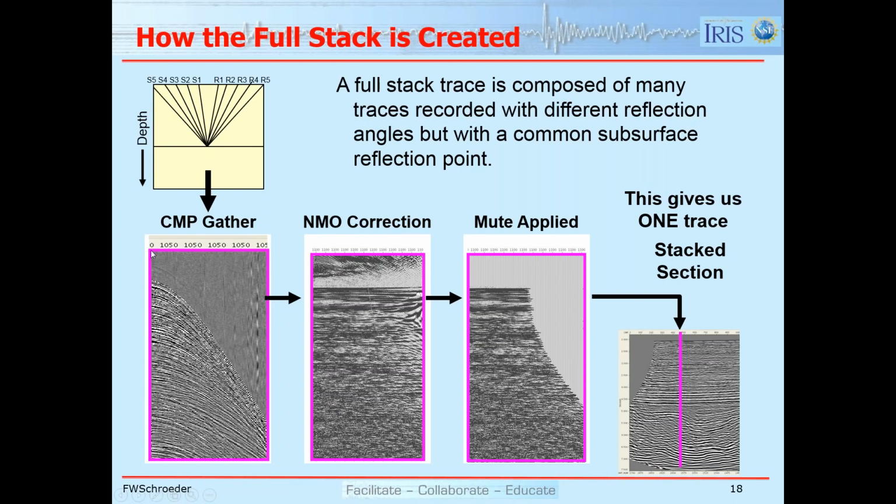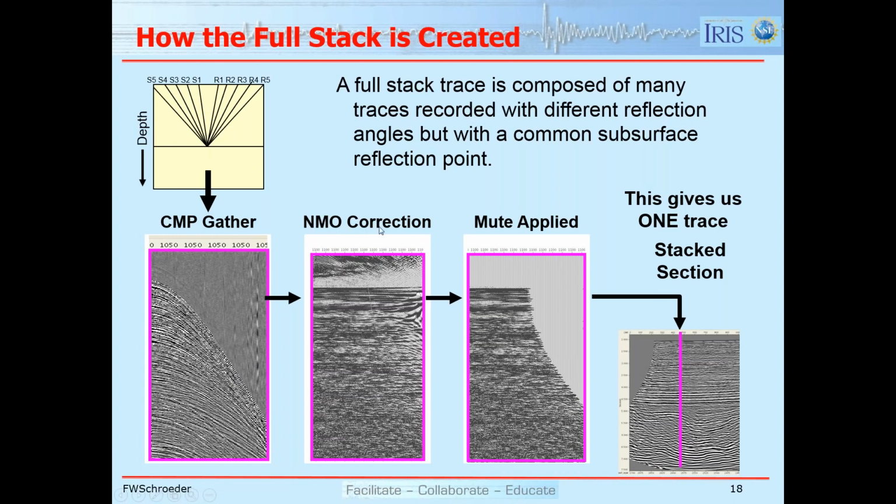And so 0 would be 0 offset or 0 incident angle. And this direction along the top, as we move to the right, that incident angle is increasing. The distance between the shot and the receiver is increasing. And so we can calculate what sort of velocity we need to flatten the data.